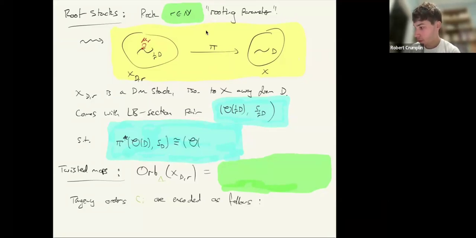So this is isomorphic to (O(1/R times D), S(1/R times D)) to the R. So it's a construction which is a kind of universal way of adding roots to line bundles and sections. That's the universal property defining X_{D,R}. Cool. Any questions so far?